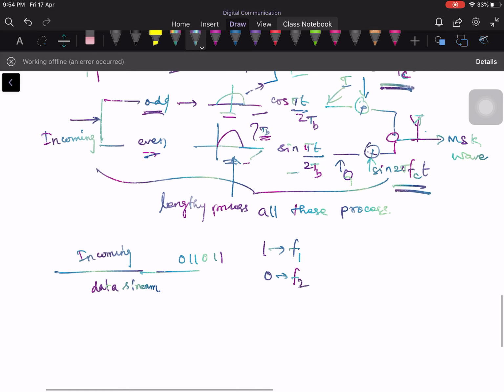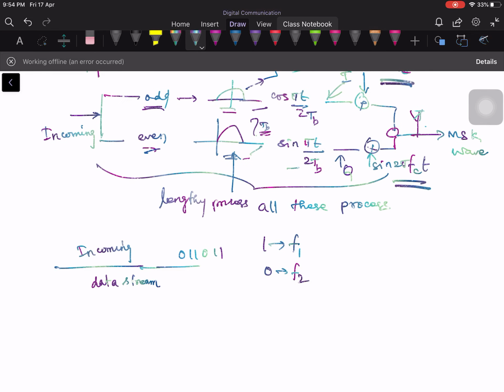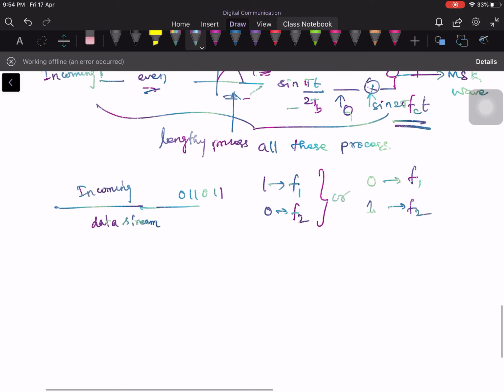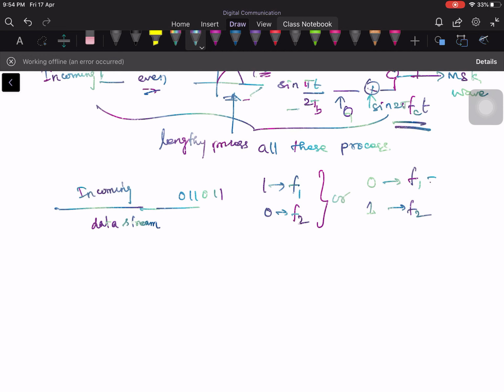Maybe you can choose this way: if 0 comes you map onto F1, and if 1 comes you map onto F2. F1 can be Fc plus 1/4Tb, and F2 equal to Fc minus 1/4Tb, or the other way around, no problem.